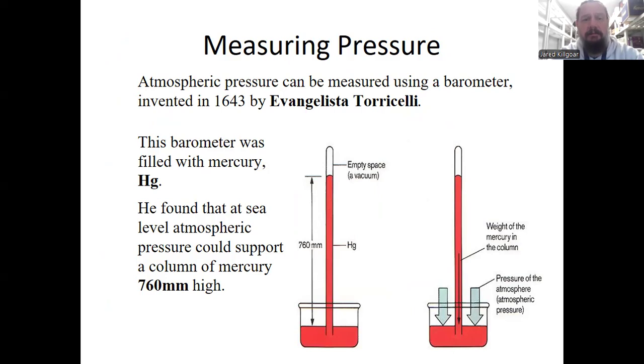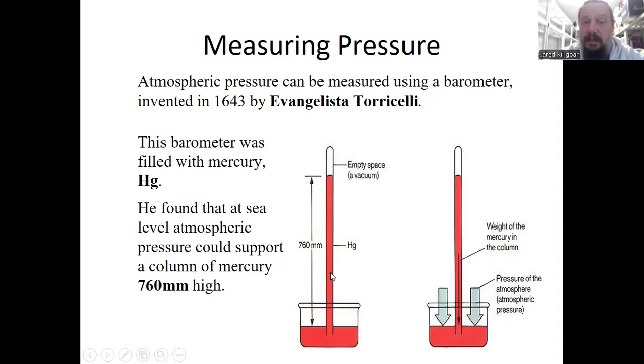Measuring pressure: the first guy that really measured pressure was Torricelli, and he came up with the Torricellian barometer. Now, we use mercury because mercury is a very dense liquid metal. He filled up a barometer, basically a tube, with mercury, inverted it, turned it upside down in a pool of mercury, and the level of the mercury went down in the tube to 760 millimeters.